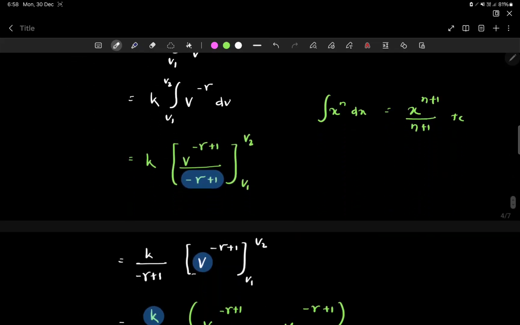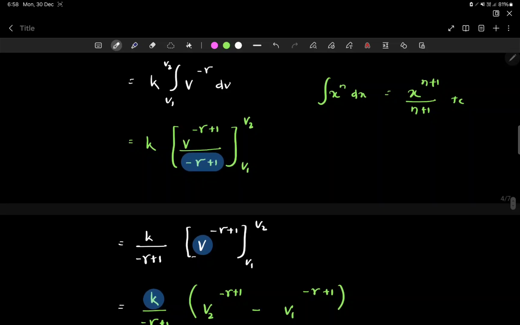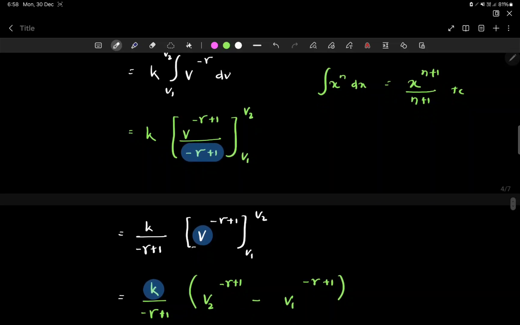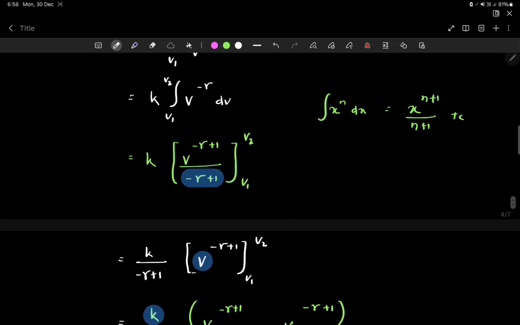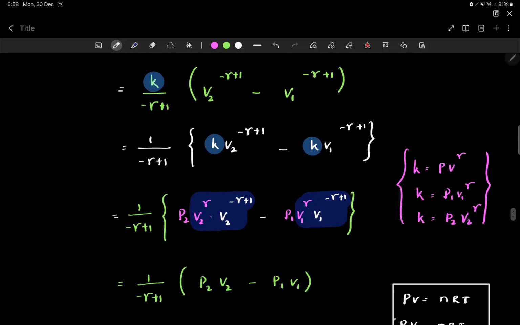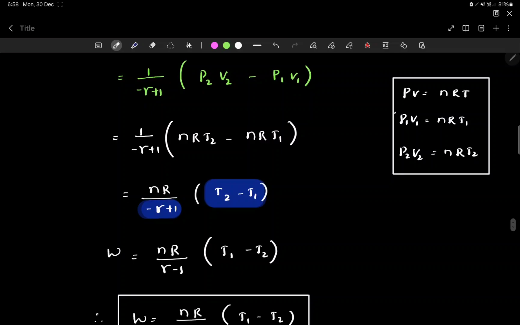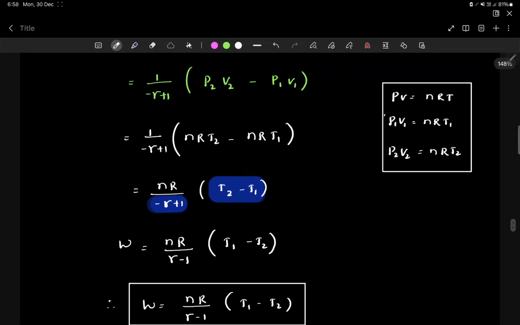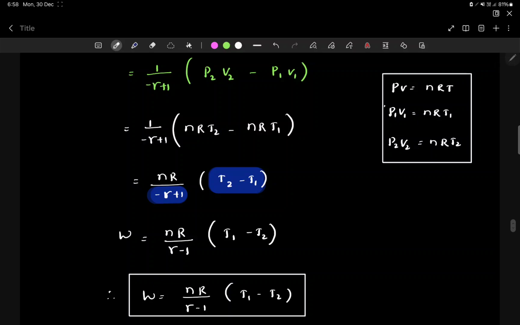Next, take this screenshot. Okay, next one is this. And your last part is this one. Okay, this is your last part. So this is all about work done during different thermodynamic processes.